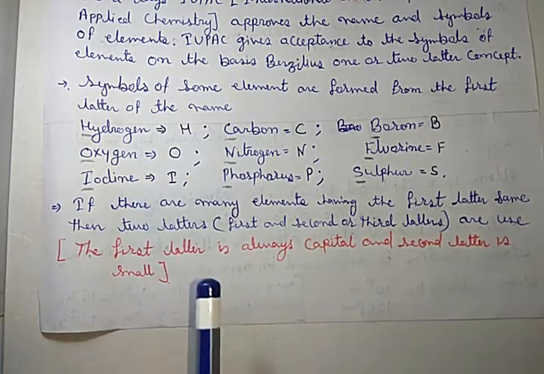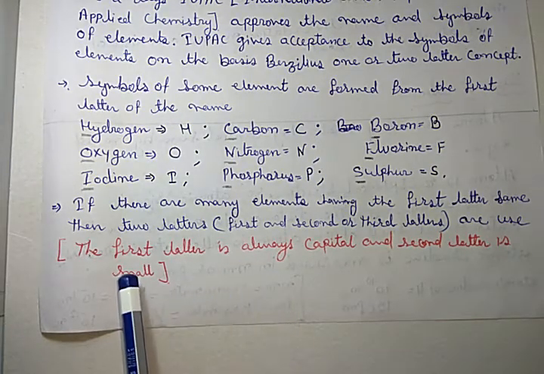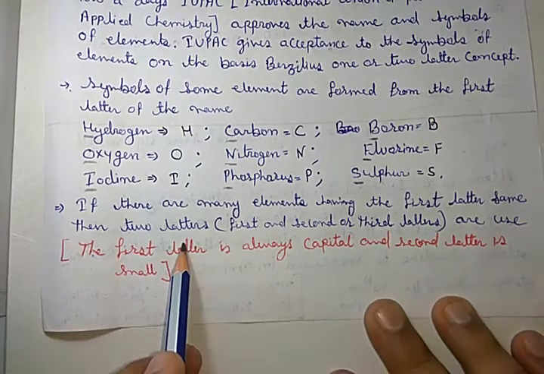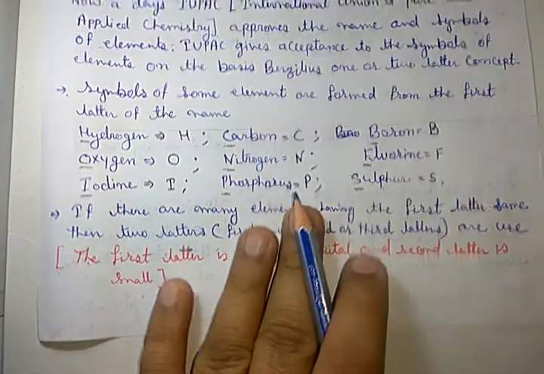But if there is a two-letter name, then one very important rule: the first letter is always capital and the second letter is always small. Got it?